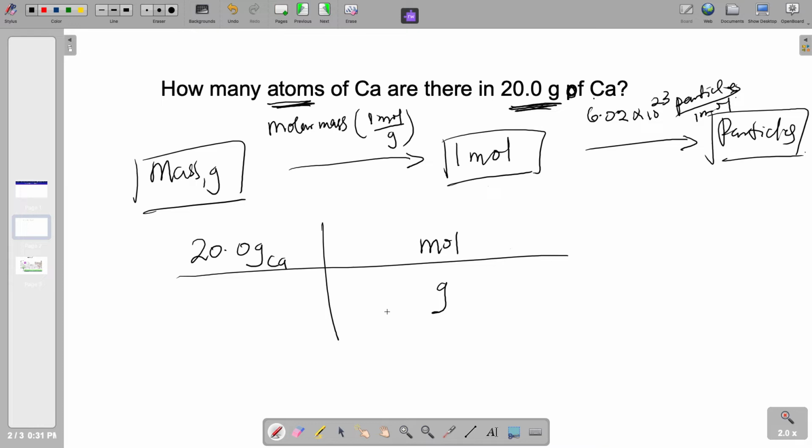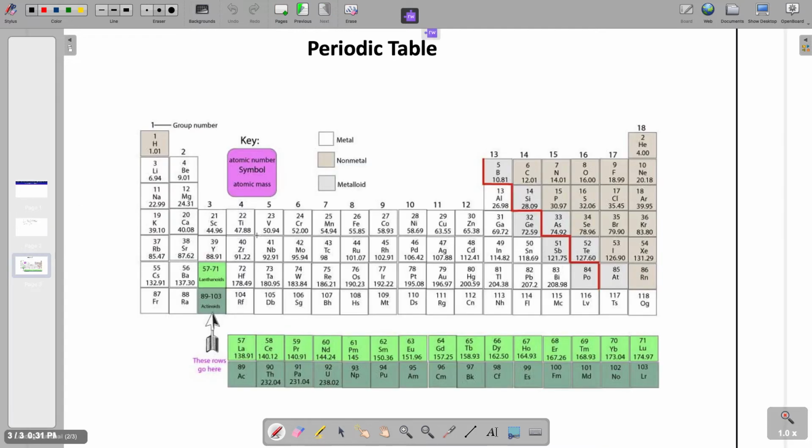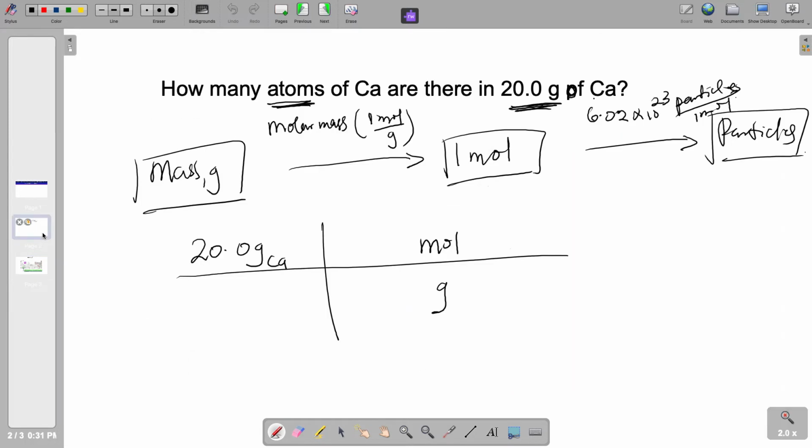Okay, now we need to look for the molar mass, since the molar mass has moles and grams in it. So we have to look for the molar mass of calcium. So if we go to the periodic table, the molar mass of calcium is 40.08 grams per mole. So you see, for every 1 mole of calcium, it weighs 40.08 grams.